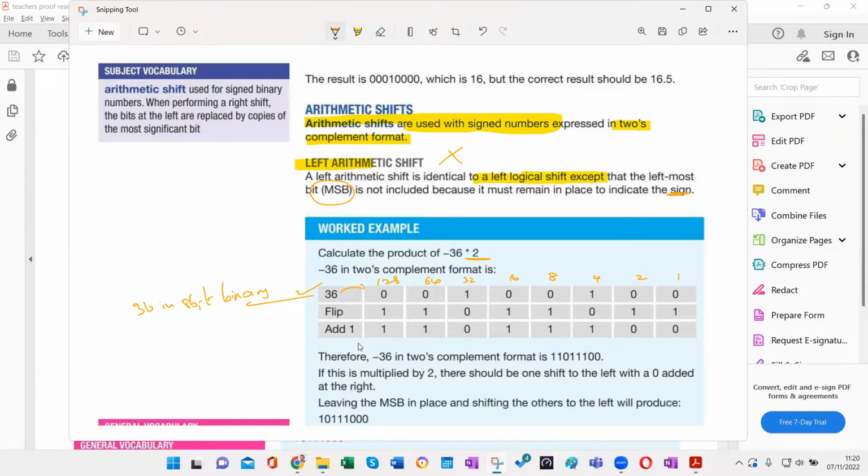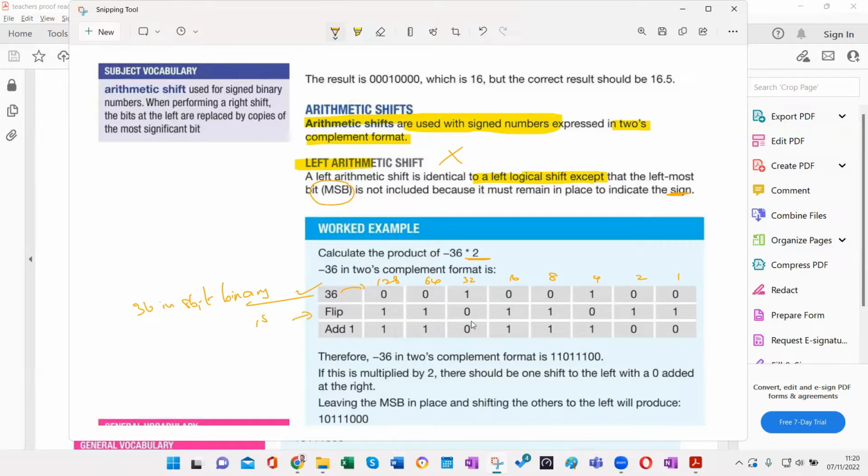Okay, what are we going to do? We are going to convert this into 2's complement. So before you convert to 2's complement, you need to convert that into 1's complement.